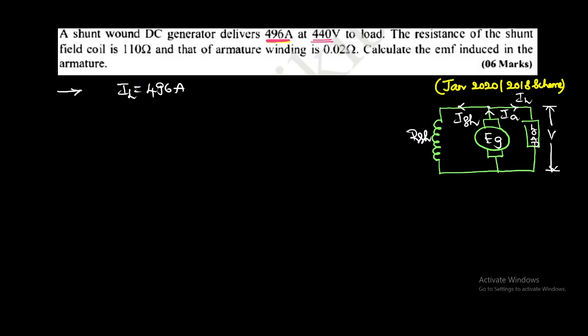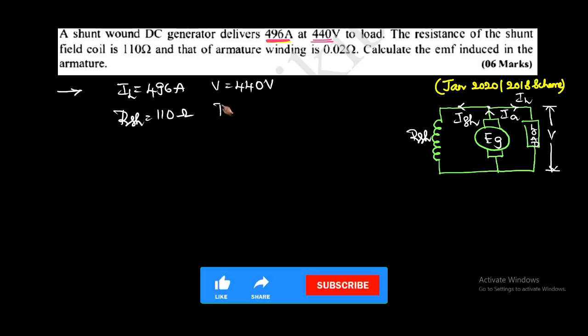The terminal voltage is given as 440 volts. Next, the resistance of the shunt field coil, RSH, is given as 110 ohms. Next, the armature winding resistance is given as 0.02. This is the given information.